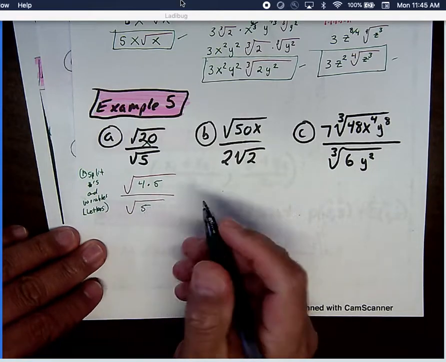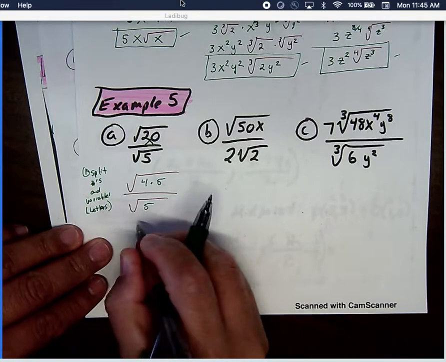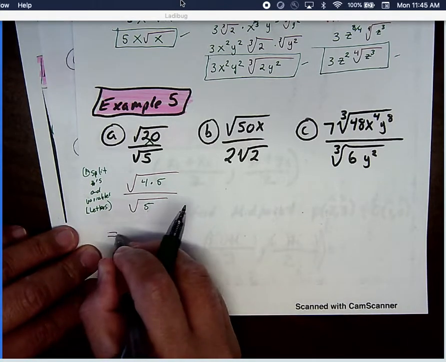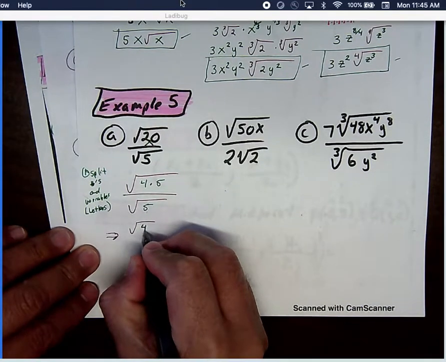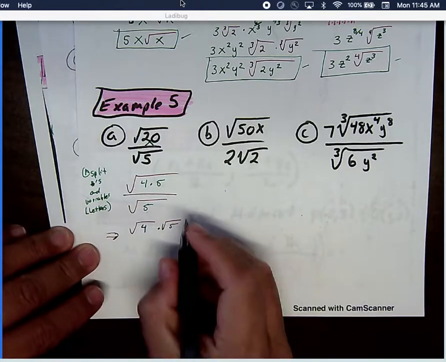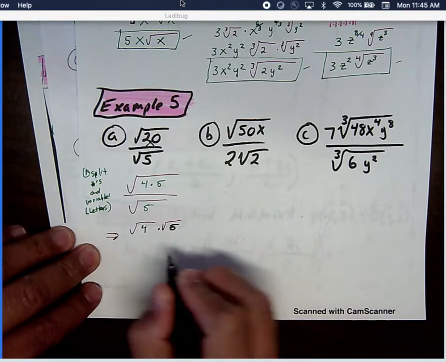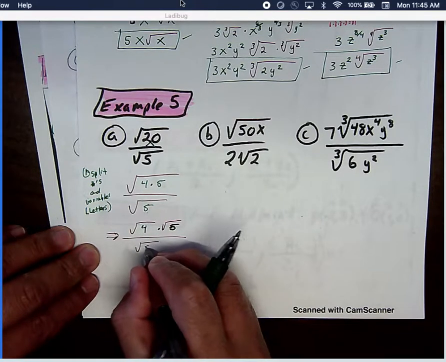Then we separate the top, so I'm going to continue here. Square root of 4 times square root of 5 over the square root of 5.